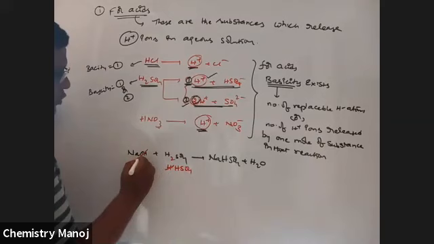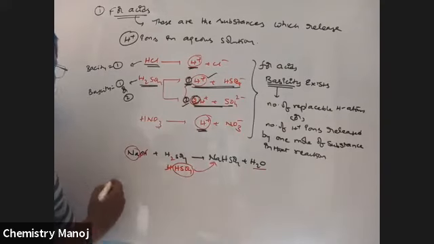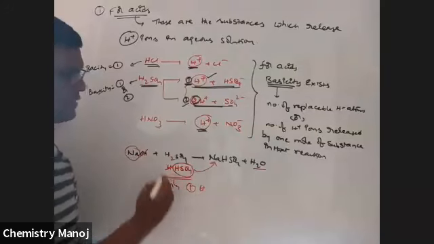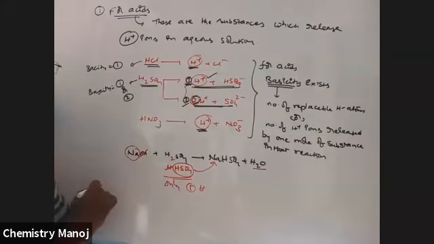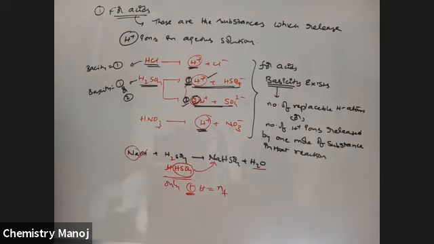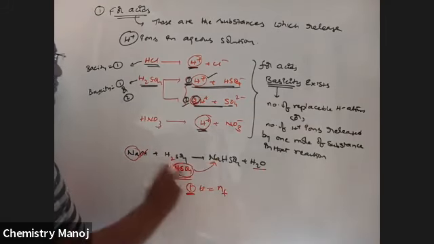This H and this OH are released as H2O. Therefore, this Na and this HSO4 give NaHSO4. Here only one hydrogen is replaced with sodium. Therefore, here the N factor is equal to 1 for H2SO4. So how many hydrogens are replaced in this reaction? Only one hydrogen is replaced. Therefore, N factor is 1.